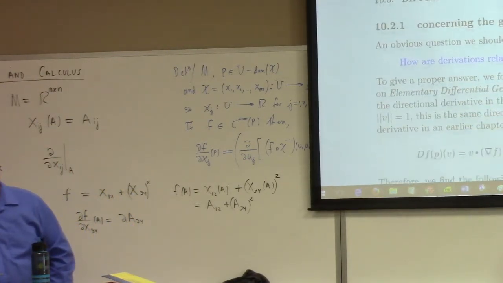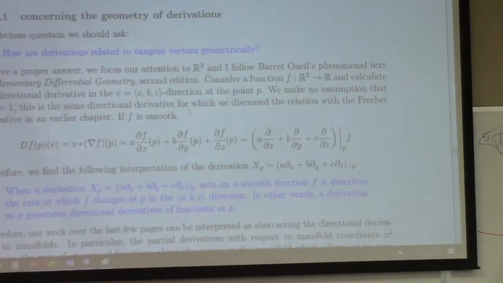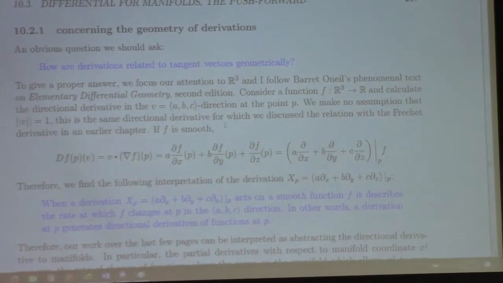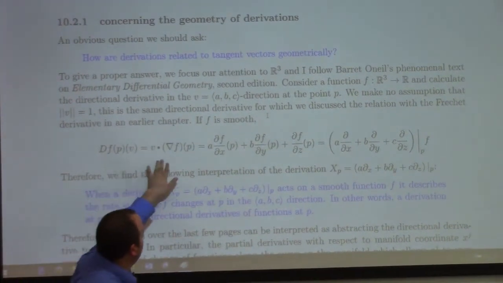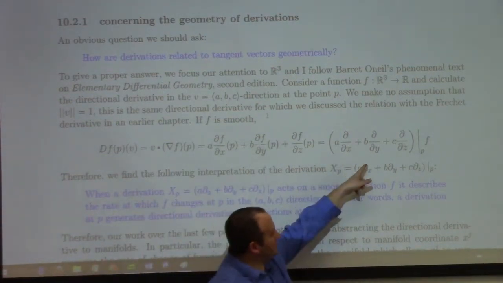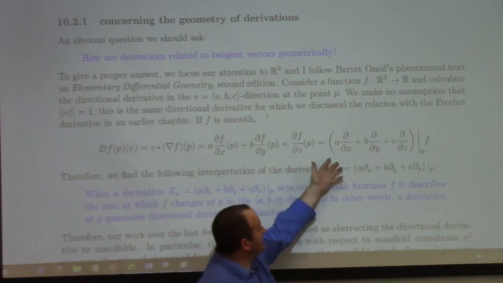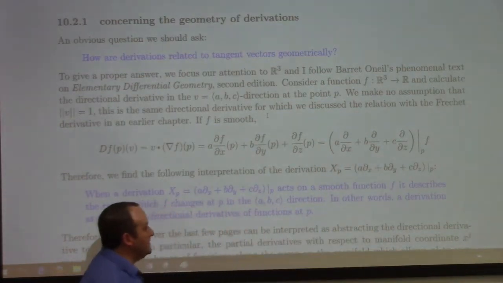That's what it's capturing in terms of the calculus. I actually went over this last time, but this is my 2 cents about how you view that. This is the directional derivative, right? So you can identify ABC with the derivation A partial partial x, B partial partial y, C partial partial z.